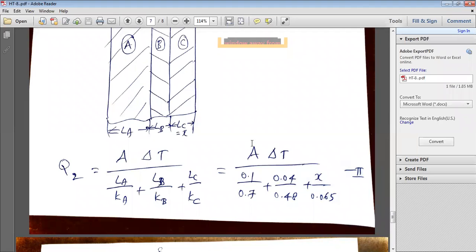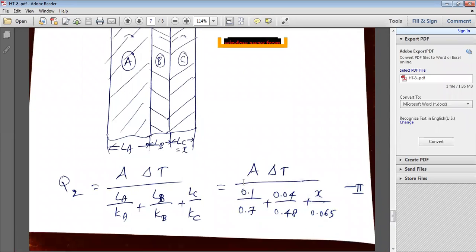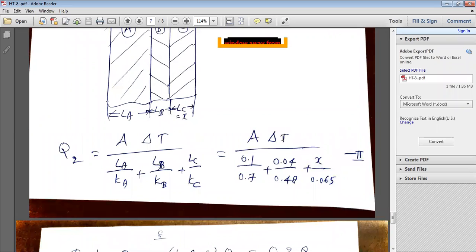That is area into delta T, the overall temperature drop, divided by 0.1 by 0.7 plus 0.04 by 0.48 plus LC, the thickness of the rock wool, to be found out.